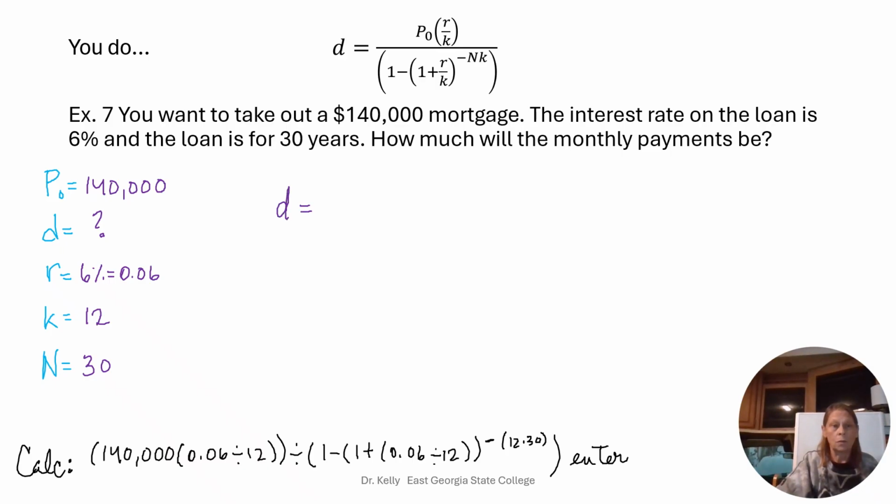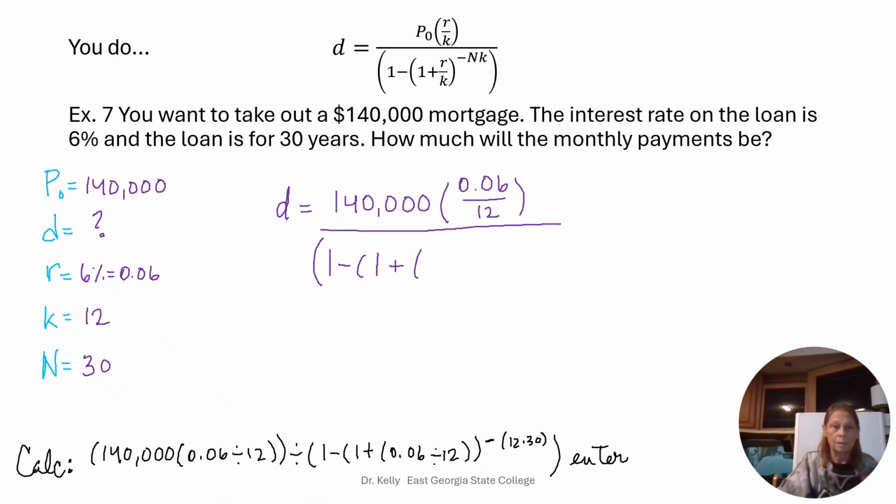D is equal to 140,000 times 0.06 divided by 12. Maybe my neatest line of the day, the last one. I'll take it. All right, and that answer, when we run it through there, is $839.37.